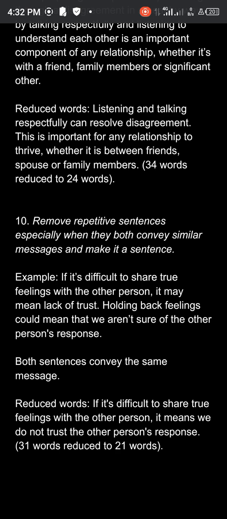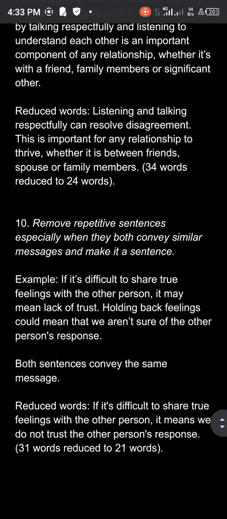So let's look at the 10th tip, the last one. Remove repetitive sentences, especially when they both convey similar messages, and make it just one sentence.